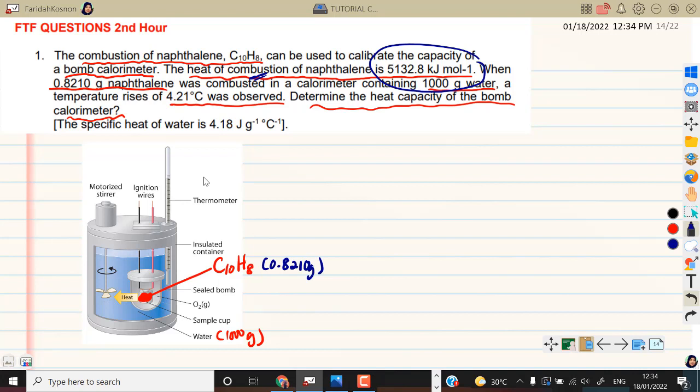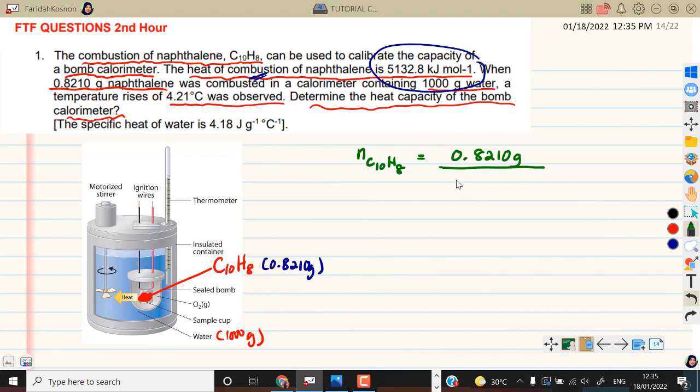Jadinya sekarang, what information that we have? We have the mass of naphthalene. And then dia ada kaitan dengan mole, amount. Maksudnya amount tu dalam unit mole lah kan. So first of all, actually we can determine the mole of naphthalene. Mole of naphthalene is equals to 0.8210 gram divide by the molar mass.